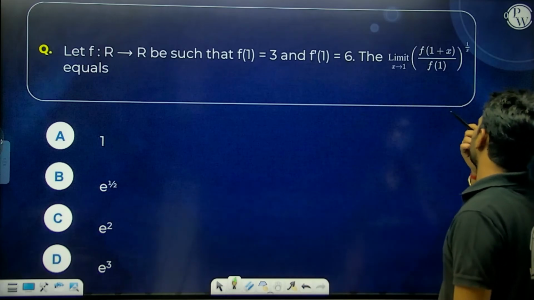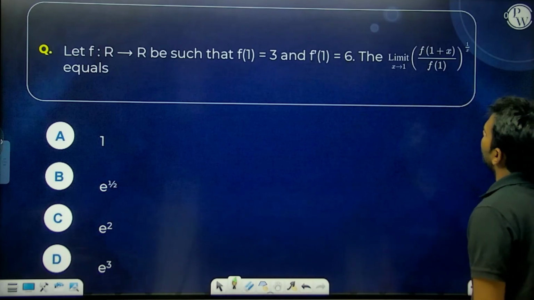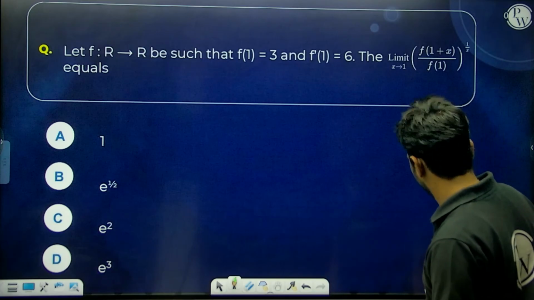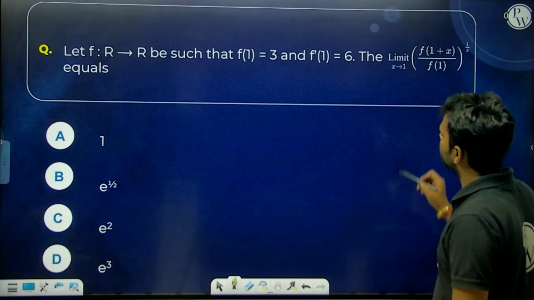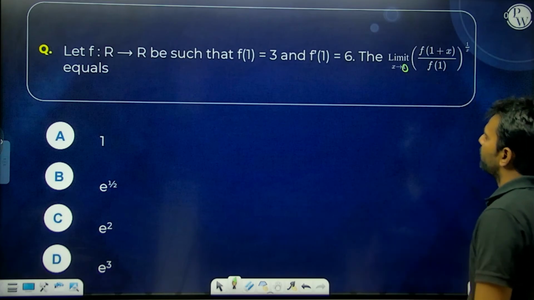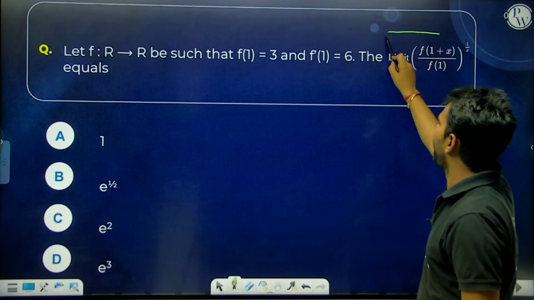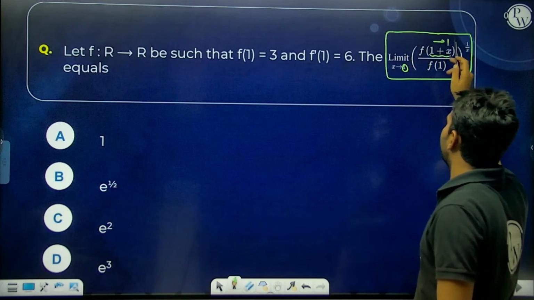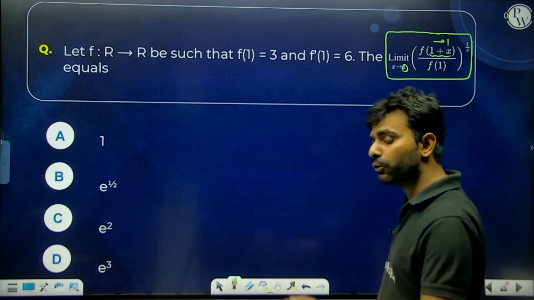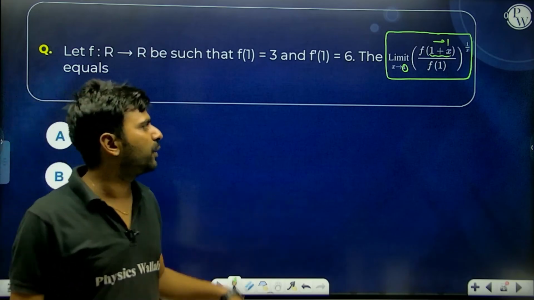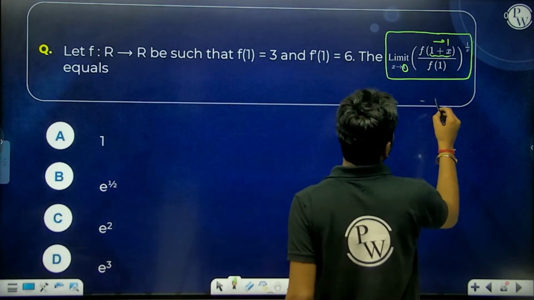Limit x tending to 0, f of 1 plus x upon f of 1 to the power 1 by x. This is going to be f of 0. So since limit x tending to 0 is there, I can see that this thing will be moving towards 1. So f of 1 divided by f of 1 will be moving towards 1 raised to the power 1 by x, tending towards infinity, that is 1 to the power infinity form.